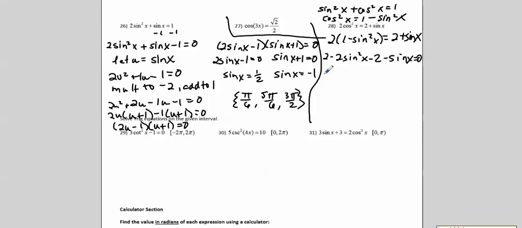I have a negative 2 sine squared x and a negative sine x, so I'm going to factor a negative sine x out. That leaves me with 2 sine x plus 1. If negative sine x equals 0, dividing by a negative 1, I still get sine x equals 0.